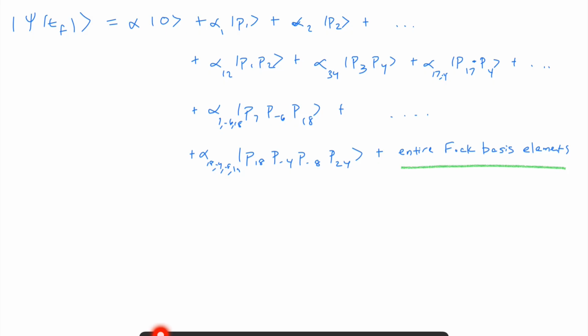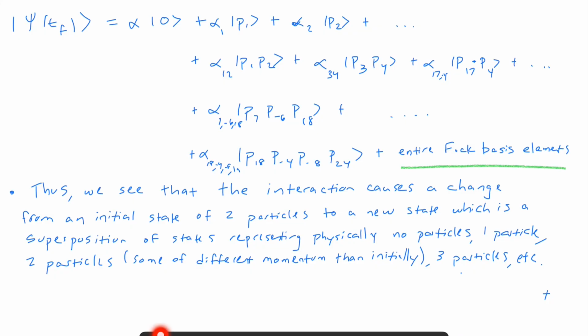Now we're getting much closer to what we want, and I'll show you why. The interaction causes a change from an initial state. Remember, this was roughly our initial state, which had just 2 particles of very well-defined momentum, P1 and P2. All of a sudden we have a mathematical model that creates a new state, which is a superposition of states representing all sorts of things.